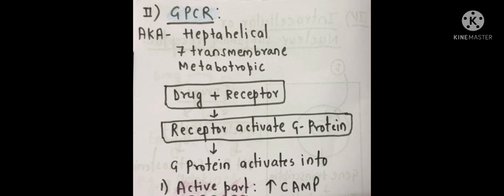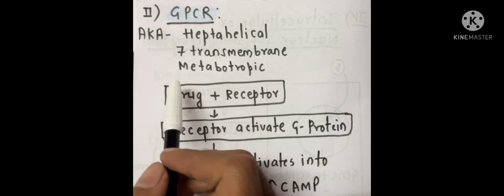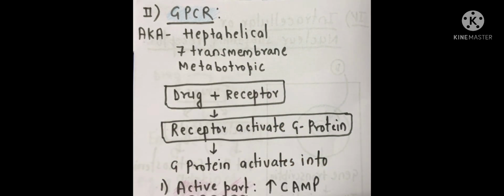The next type is G protein coupled receptor, also known as GPCR. There are different names of this receptor, like heptahelical receptor, 7 transmembrane receptor, or metabotropic receptor.